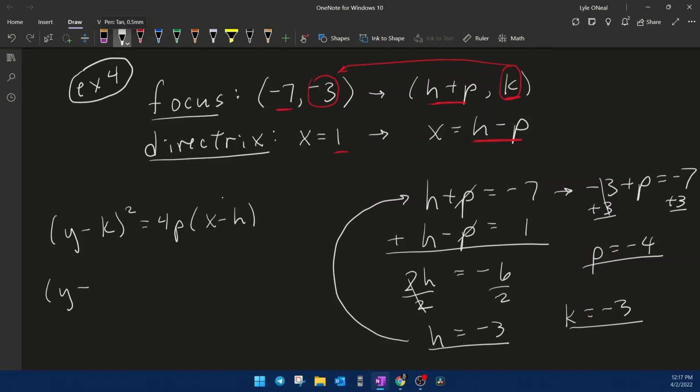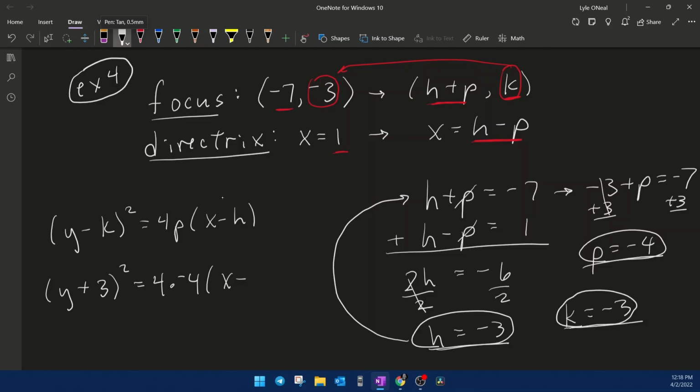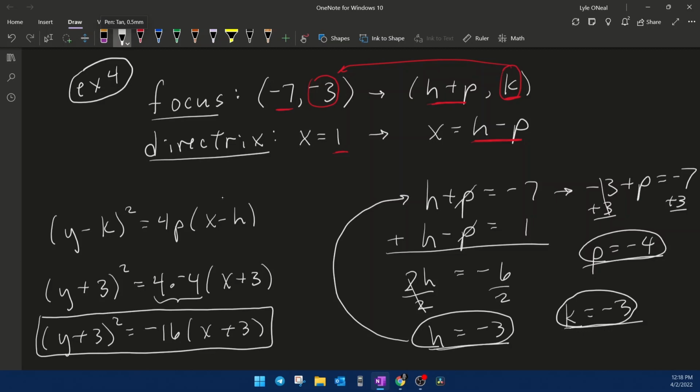That's going to be y minus, now careful, k is negative 3, so minus a negative makes that a plus 3, squared, equals 4 times p, which is negative 4, times x minus, careful again, h is negative 3, minus a negative makes it a plus. And then simplifying, we're going to get (y + 3)^2 = -16(x + 3). And that would be the equation in standard form.